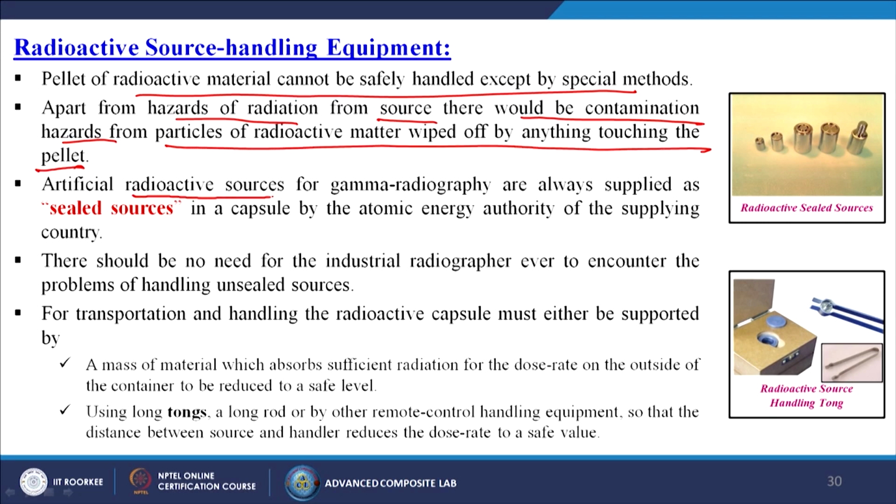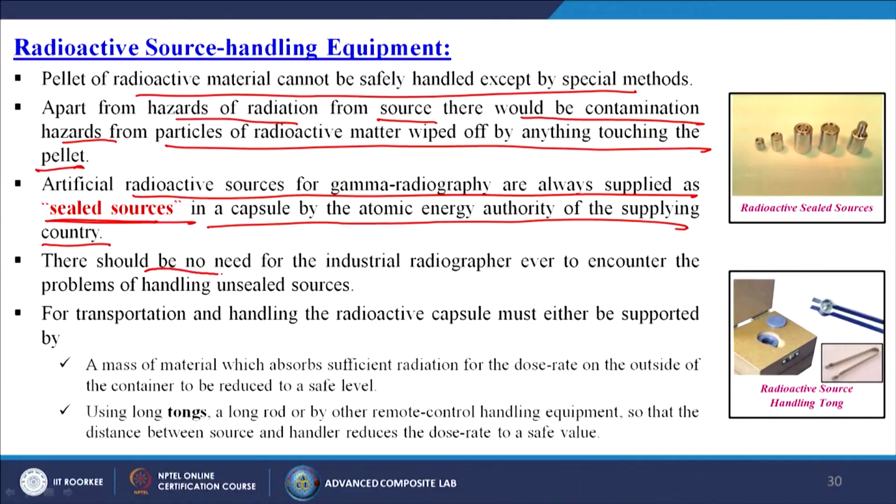Artificial radioactive sources for gamma radiography are always supplied as sealed sources in a capsule by the Atomic Energy Authority of the supplying country, because these are health and environmental hazard materials. So, we keep or transfer these materials with very high security and safety.